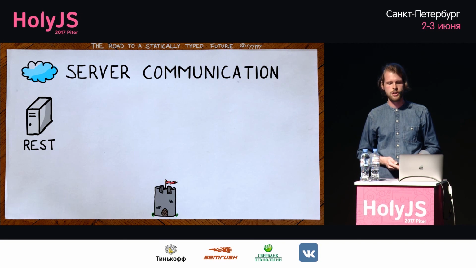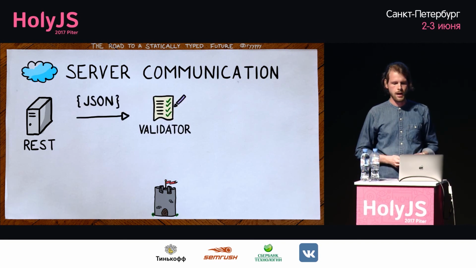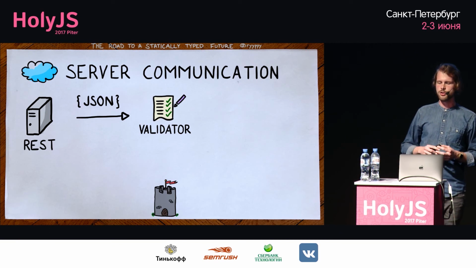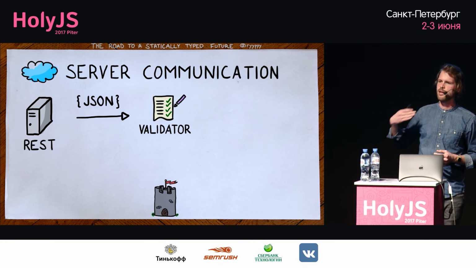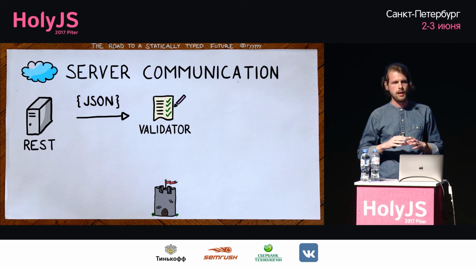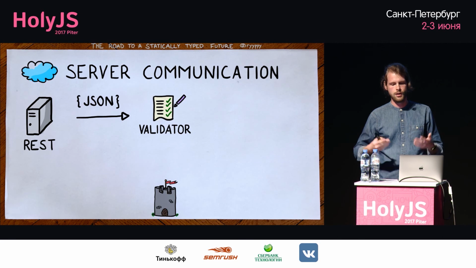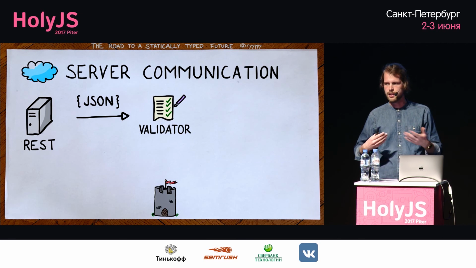So we have server communication with a REST interface, for instance, very common. It delivers JSON, and what we usually want to do is put a validator in place. A validator which is aware of our model types and which analyzes the incoming data during the runtime, so we can make sure that the data is really matching our type specs.